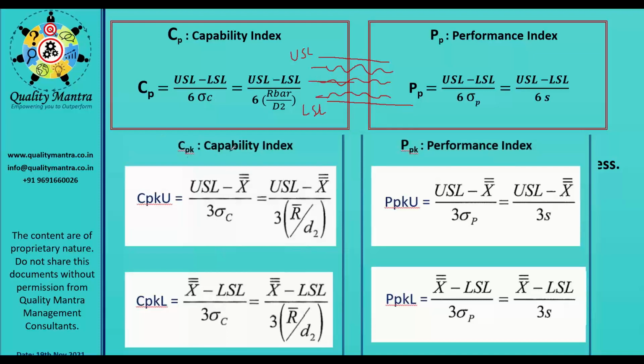Because when we are talking about the CPK, you are calculating the CPKU by subtracting the X double bar or X bar from the USL.